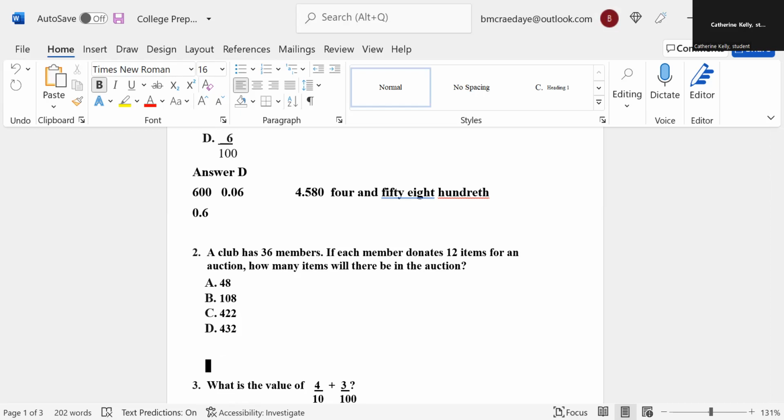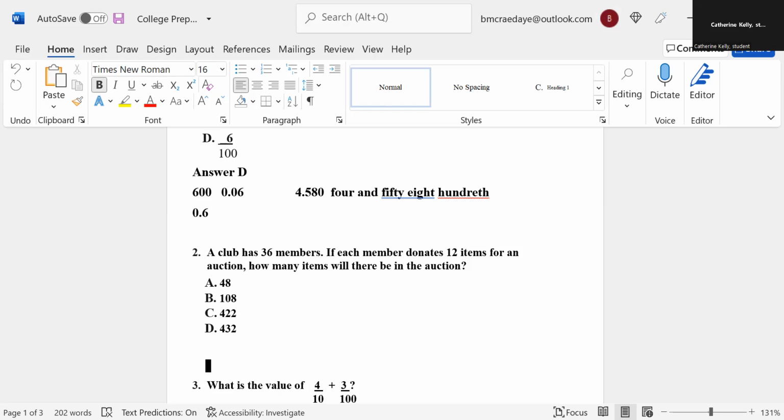No, read it again, Catherine. A club has 36 members. If each member donated 12 items for an auction, how many items will there be in the auction?